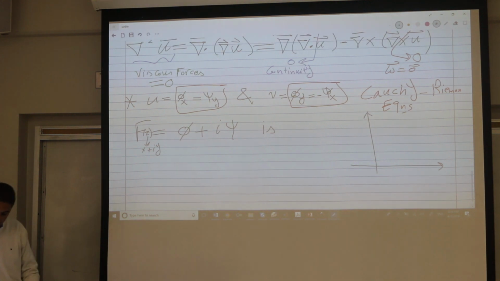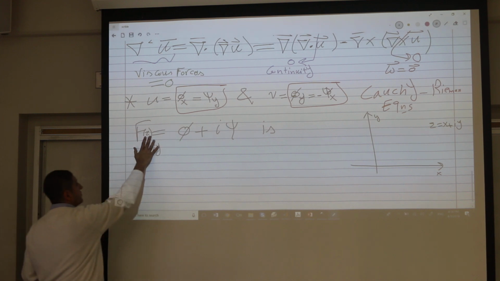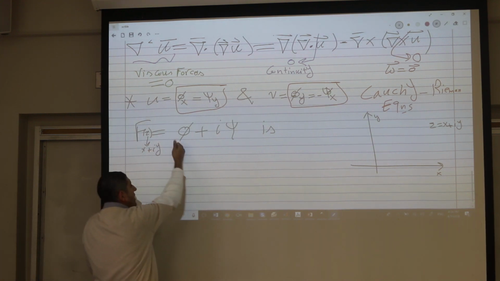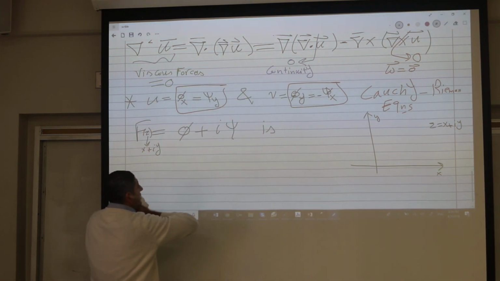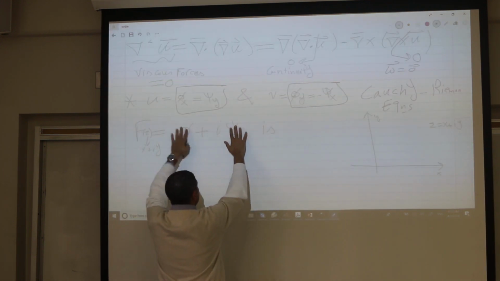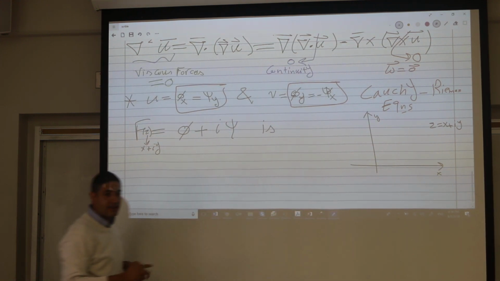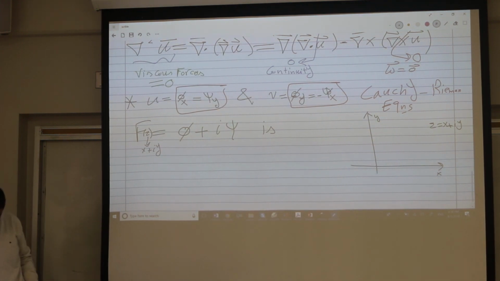I didn't specify it. So you have here x and y, and you have z, x plus iy. This is the complex plane, and we have a function of z. This function has a real and imaginary part. The real part is a function of x and y. The imaginary part is a function of x and y. If these two functions satisfy the Cauchy-Riemann equations, then by the theorem, then what? You remember?